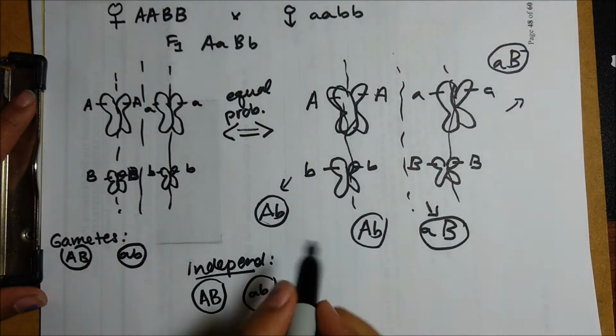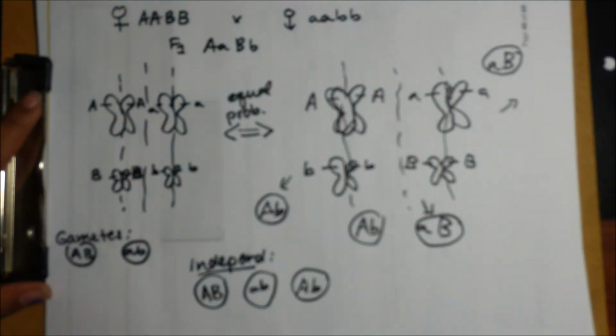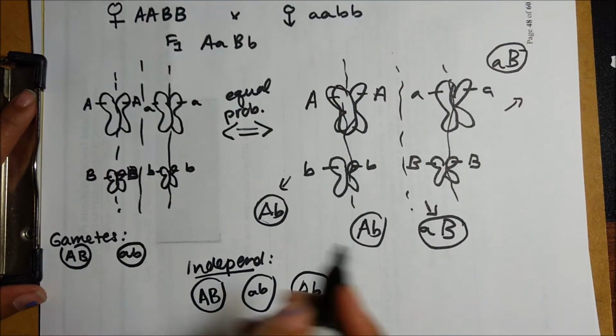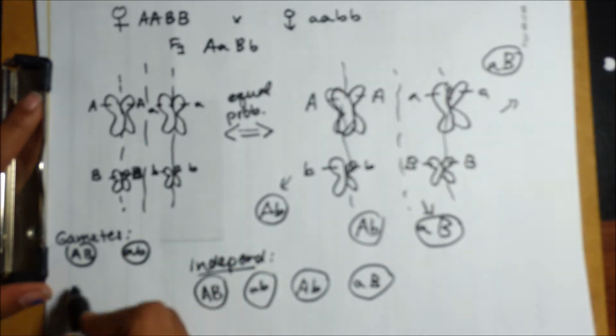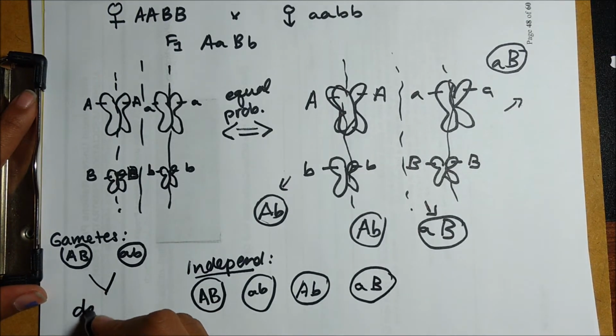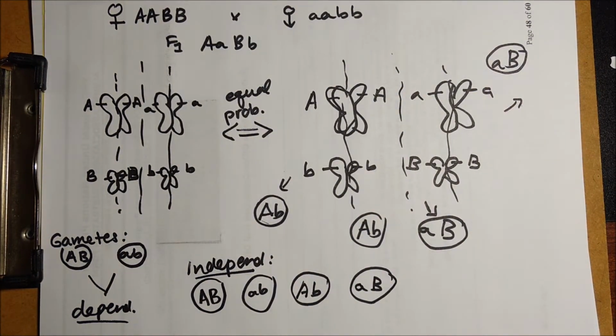You can also have capital, lowercase, and lowercase, capital. So while in dependent assortment, you only had these two choices because the capitals had to stay together and the lowercase had to stay together, in independent assortment, you get 4 different choices of gametes.